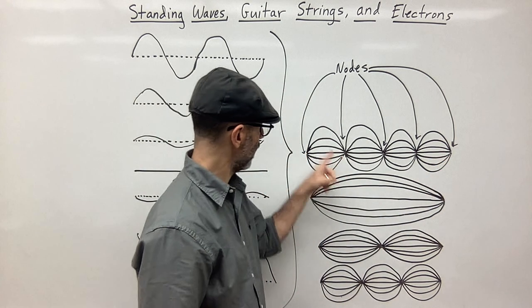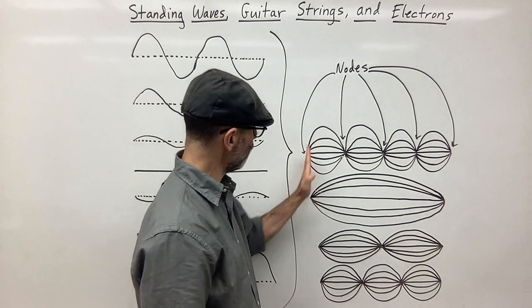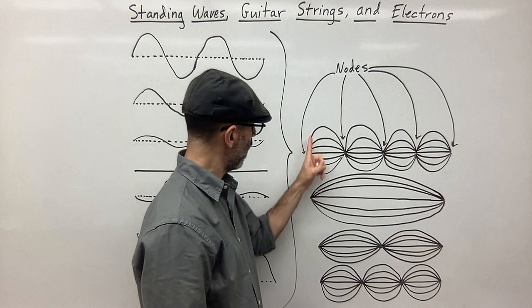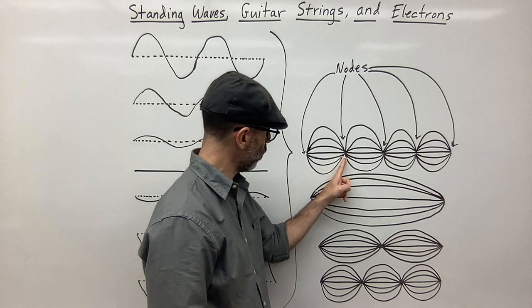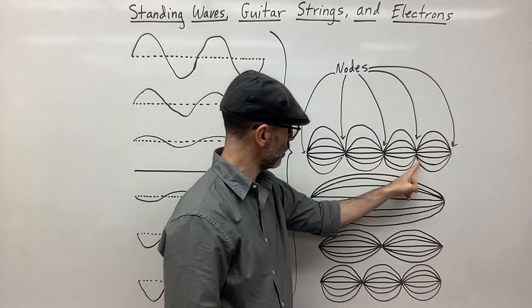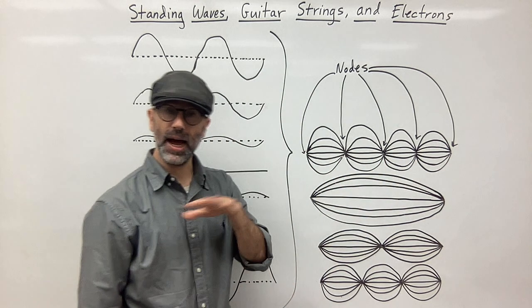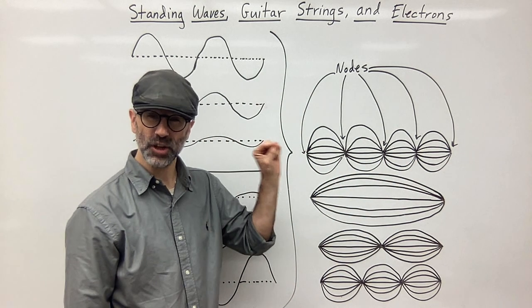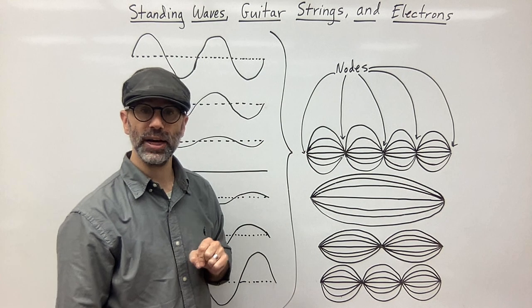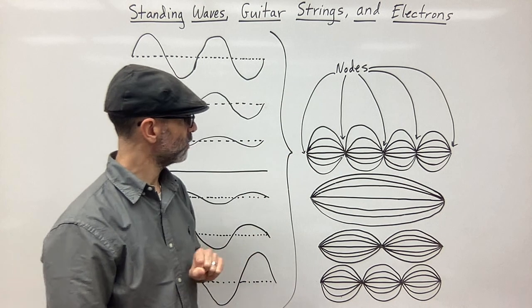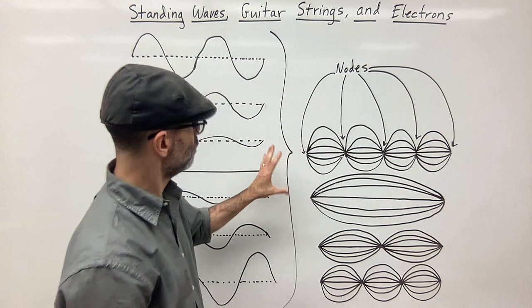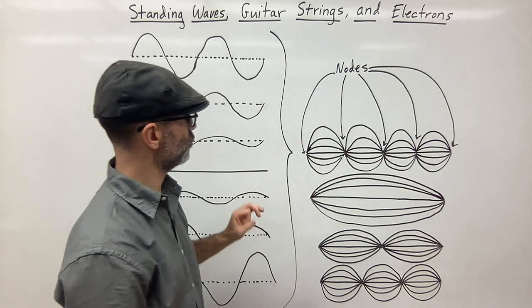But you'll notice that everywhere on the string you have motion except for these particular points here, and these are called the nodes. There's absolutely no motion at those points on the string. They stay in place, right? So this is what your guitar string looks like.